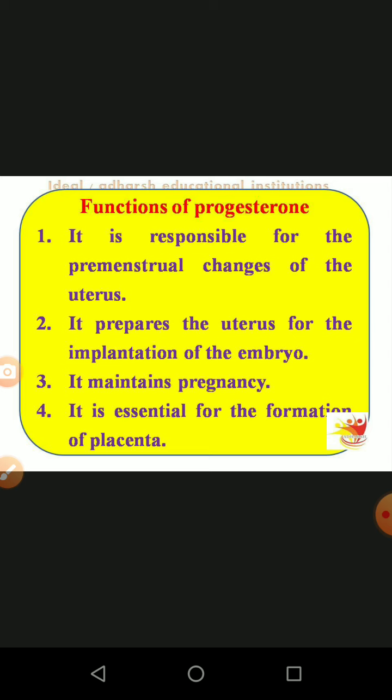Due to the level of progesterone, the pregnancy is maintained. Without progesterone, pregnancy cannot take place. It is also essential for formation of the placenta. Formation of the placenta and umbilical cord are two important events, and the placenta is developed by the action of progesterone.